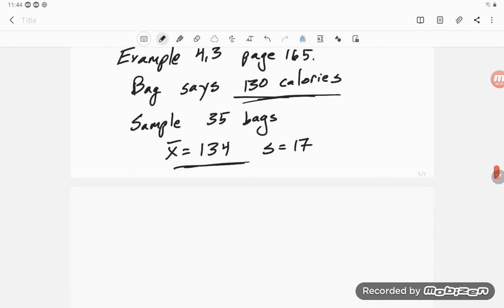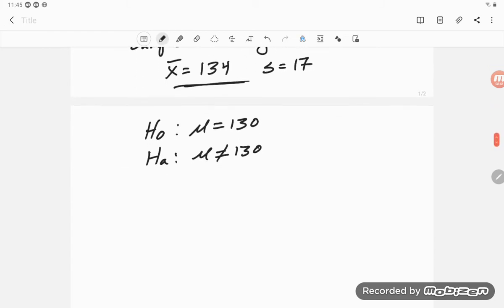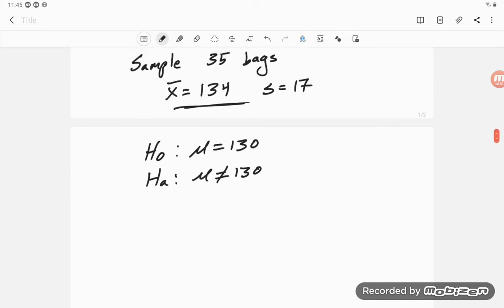And so they do a hypothesis test, and they say, well, okay, the null hypothesis is that mu is the 130 of the bag that it says on the bag, and then the alternate, based on our data, will be, well, could it be that it's not 130? And so, given these numbers, we have n equals 35.